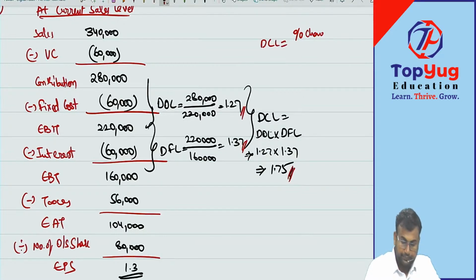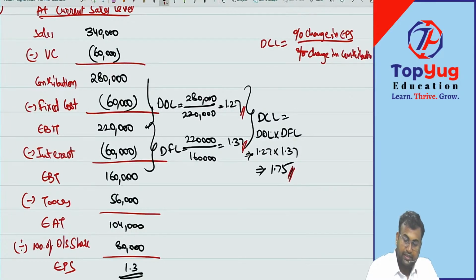DCL. So change in sales is similar to change in EPS. You have DCL as 1.75.